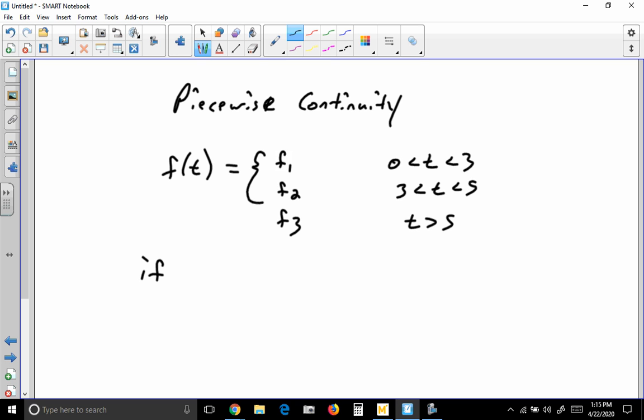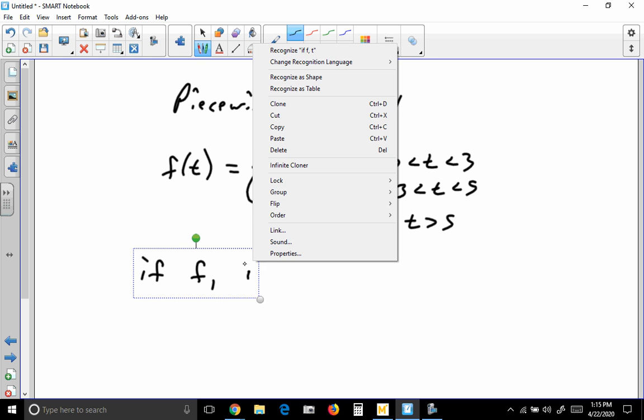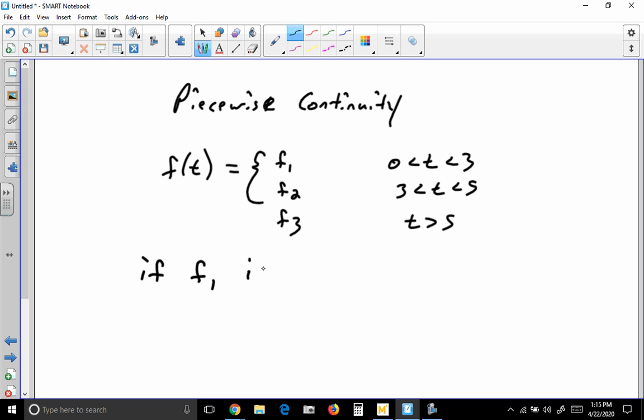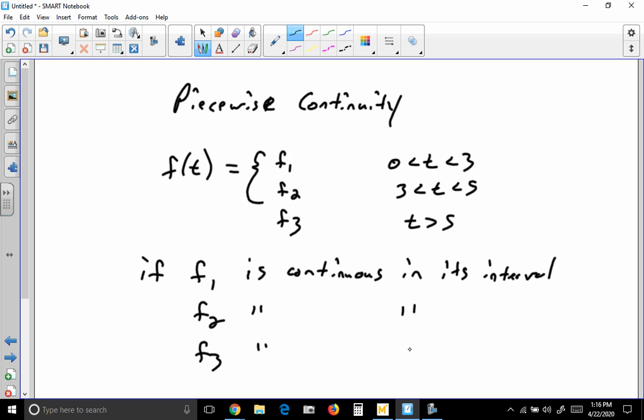If f1 is continuous in its interval, and if f2 is continuous in its interval, and if f3 is continuous in its interval, then this is referred to as being piecewise continuous.